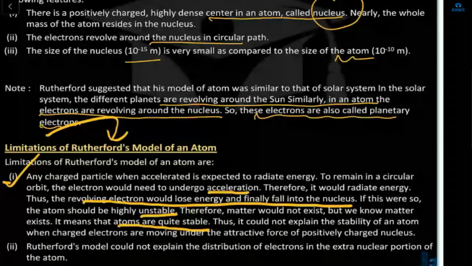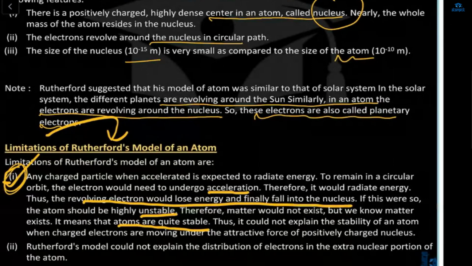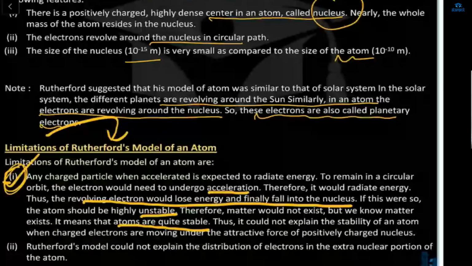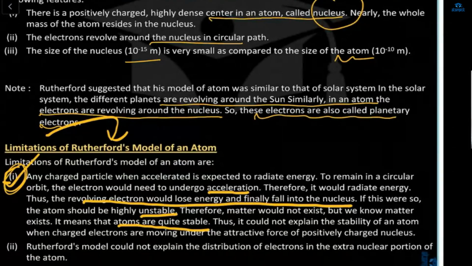Understanding, right? Yes, ma'am. Go through this first point right now. Explain this first point. Any charged particle, when accelerated, is expected to radiate energy. To remain in a circular orbit, the electron would need to undergo acceleration, and therefore would need to radiate energy. Thus, the revolving electron would need to lose energy and finally fall into the nucleus.